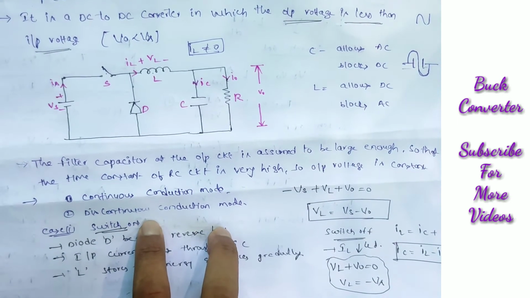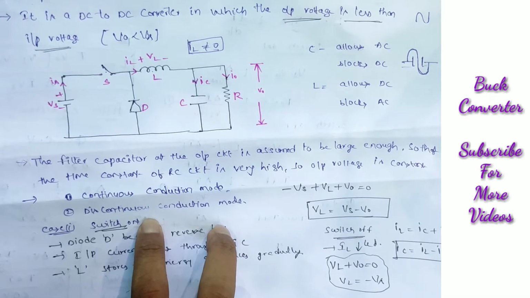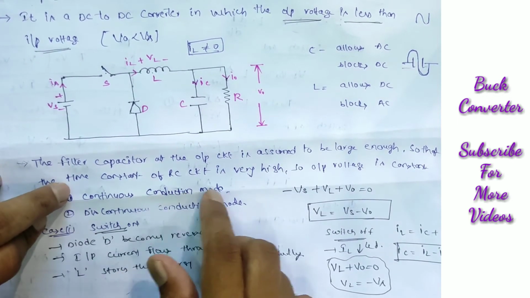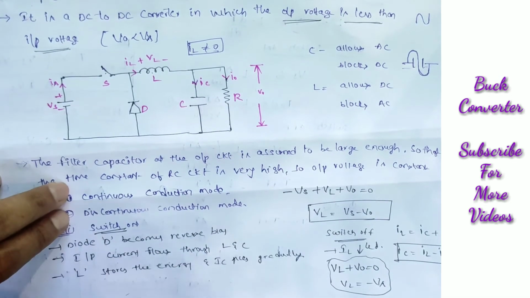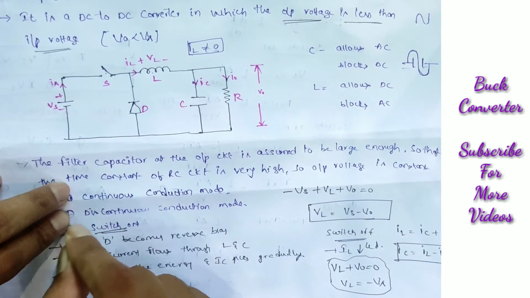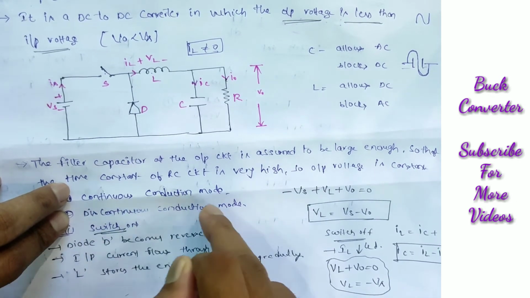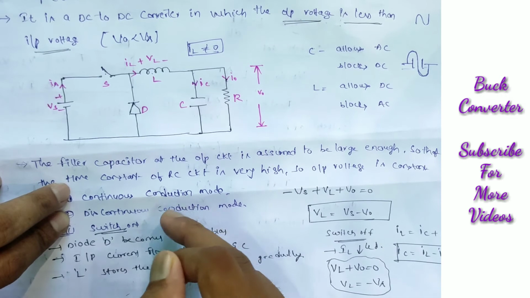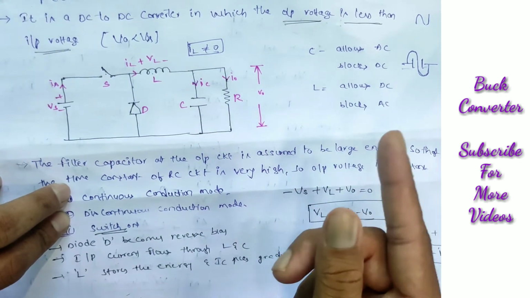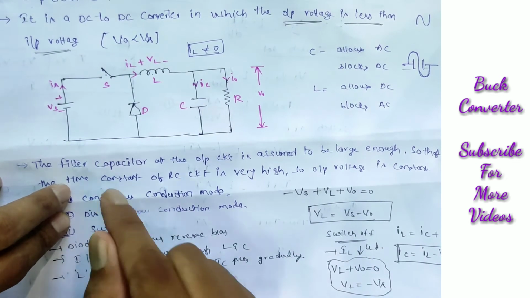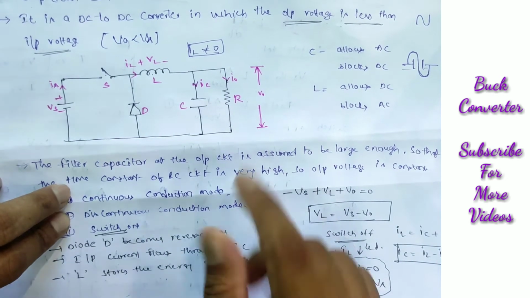In the exam, if they ask you to write about the buck converter, you can write the continuous conduction mode only. If they particularly ask for the operation in the discontinuous conduction mode, you can write that operation. If they don't ask, you can write the continuous conduction mode itself.